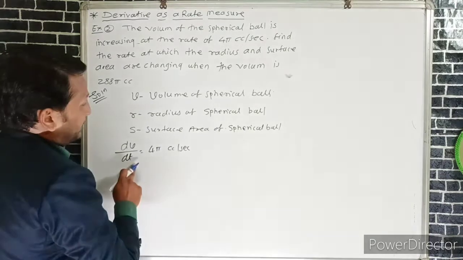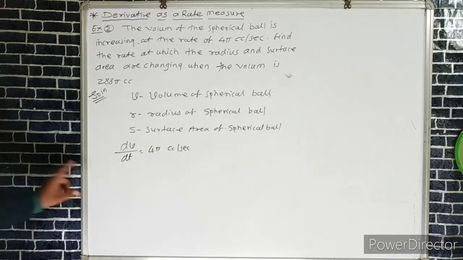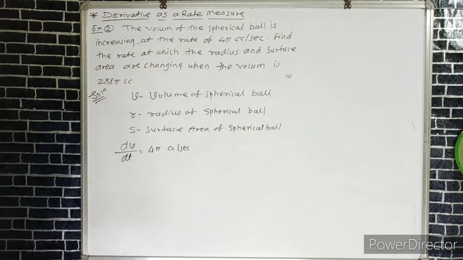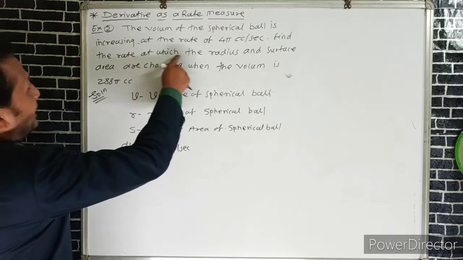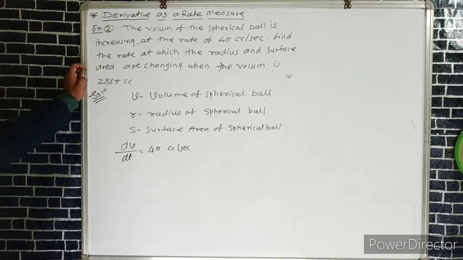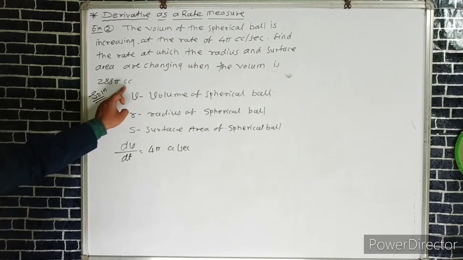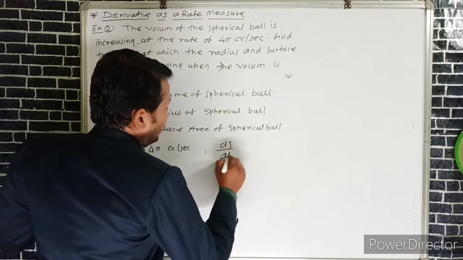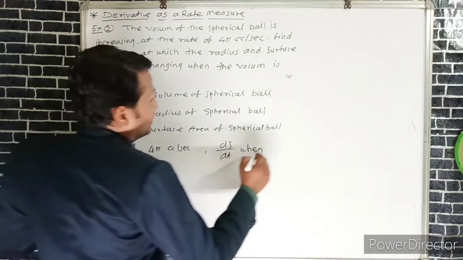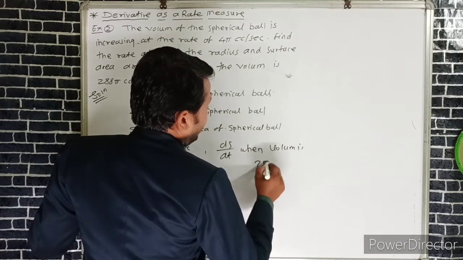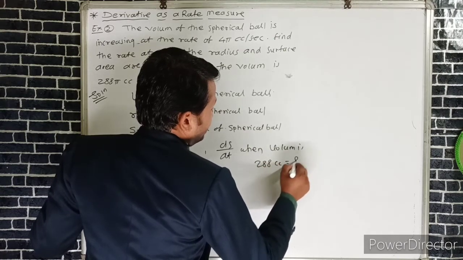Here we have to find the rate at which the radius and the surface area are changing when the volume is 288 pi cc. It means that we have to find dS upon dt when volume is 288 pi cc.